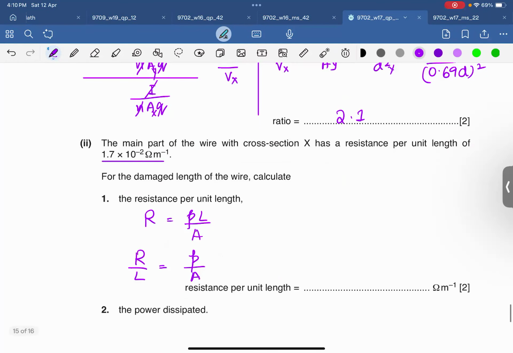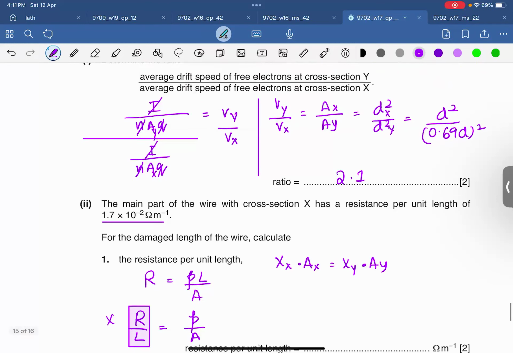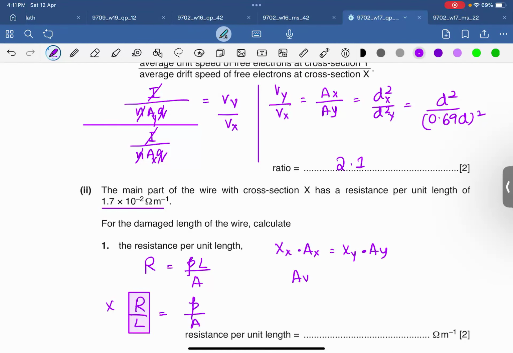So we can do this. Let's say this is X. So X, which is the resistance per unit length of wire X, times A of X is equal to the resistance per unit length of wire Y, times A of Y. So we found that AX over AY, in the previous case, has a ratio of 2.1, right?